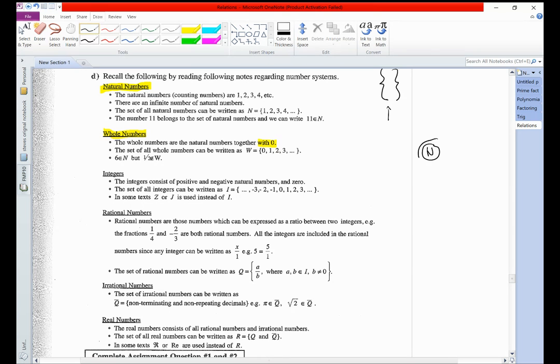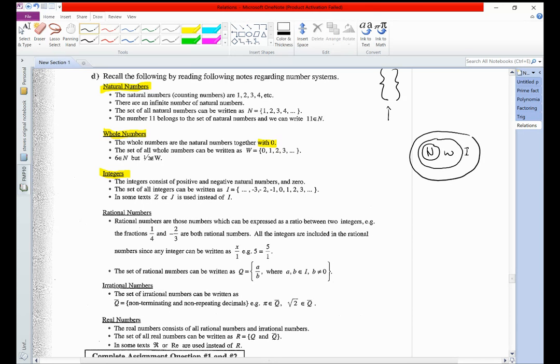So whole numbers encompass natural numbers, but they also have a 0. The next step is integers, which include natural numbers and whole numbers because they have the 0, but now we can go in the opposite direction on the number line and pick up negative numbers. So then we have integers.